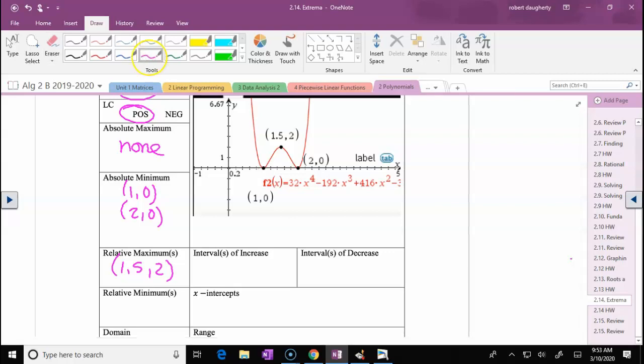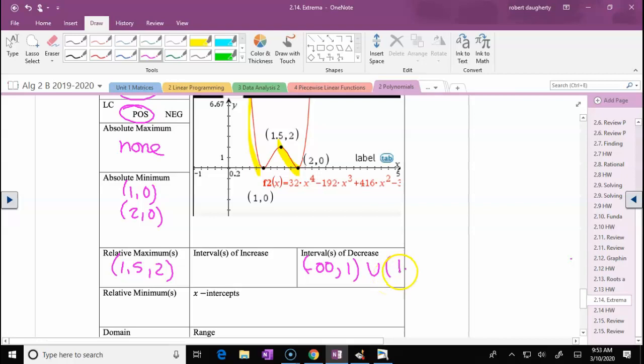What are the intervals of increase? So when this function starts out, if I travel left or right, what is it doing when I start out? This is a decrease, and that's a decrease, okay? So what are those intervals? What's that first interval for decrease? Yeah, negative infinity to 1. And then what's the next interval of decrease?